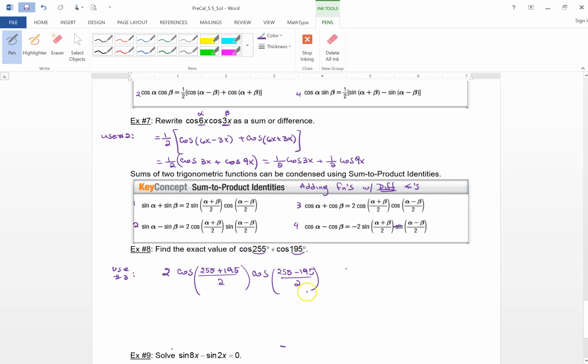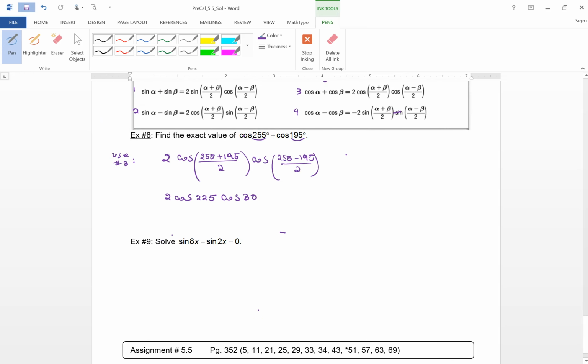over 2. This is going to be 2 cosine, and I actually have these done. 225 cosine of 30. We can do these. What's 225 like? What's the reference angle? It's 180 plus what? 45. So cosine of 225 is like cosine of 45.